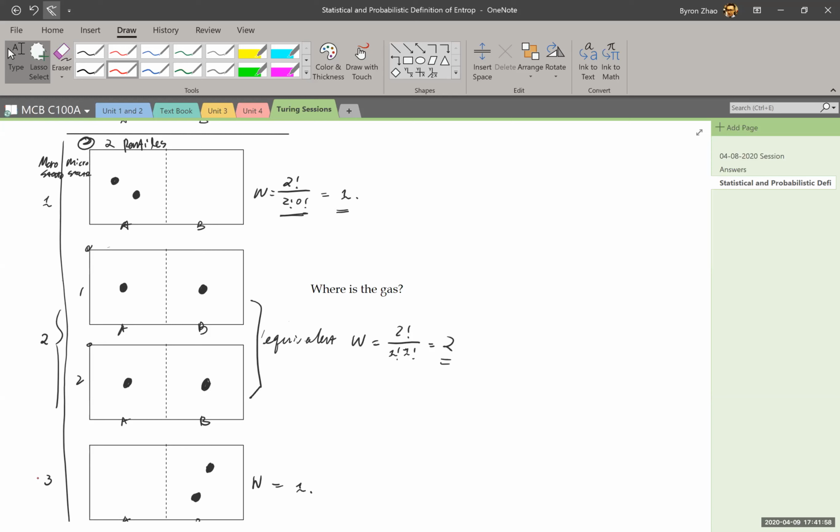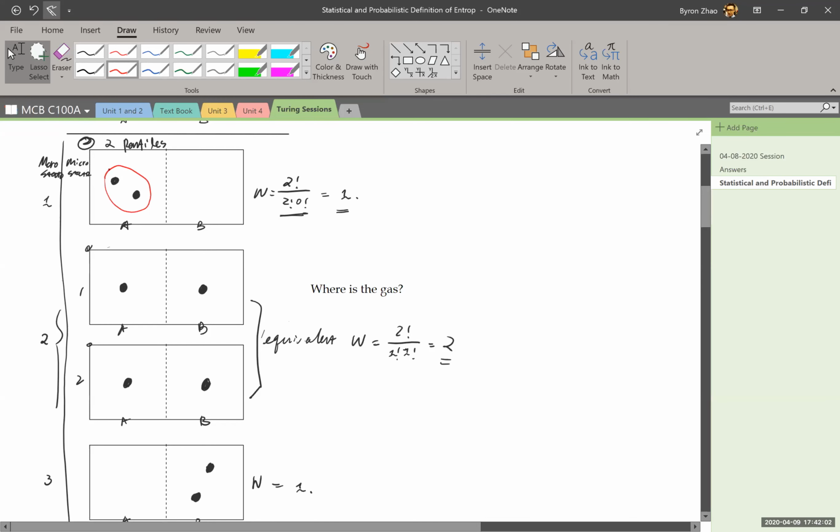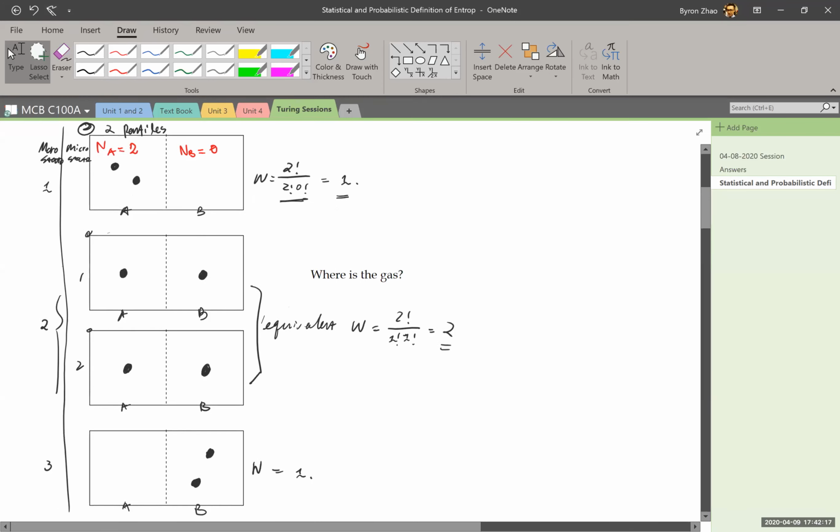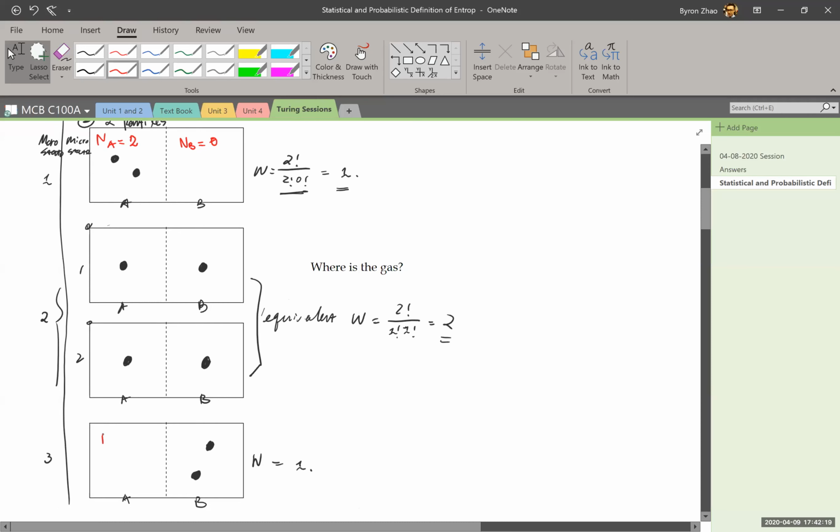So let's look at the first one and the third one first. We have 2 particles, and both of these particles are A-type particles, which means they're both on the left, and we have no B-type particles. And if we look at macro state 3, we have no A-type particles, and we have 2 B-type particles.